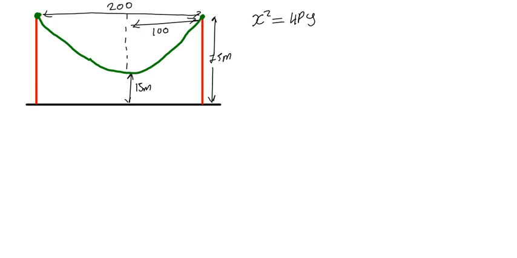So what will happen now is that we're going to have to find the value of p, because if I find the value of p, it will be much simpler for me to find what the y is, because when you're looking for that height, you're looking at it in terms of y. So you're going to have to find your p in terms of this point. Okay, so I'll pick what I have here.